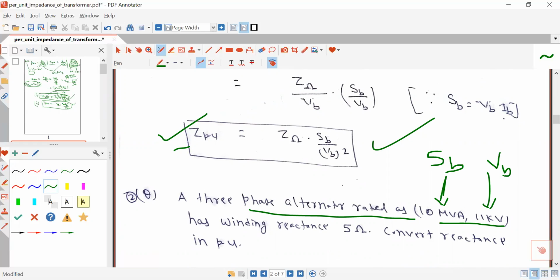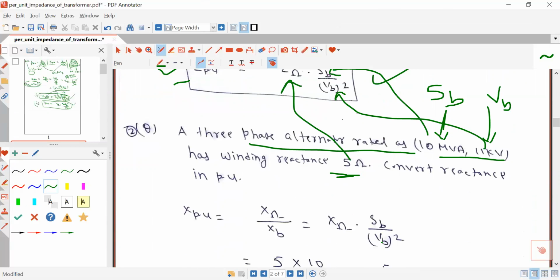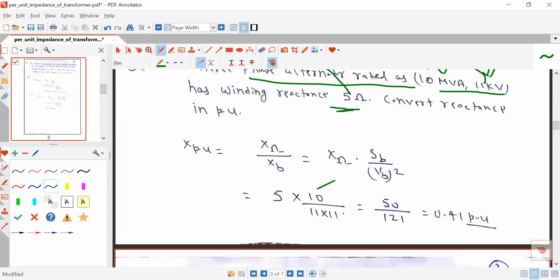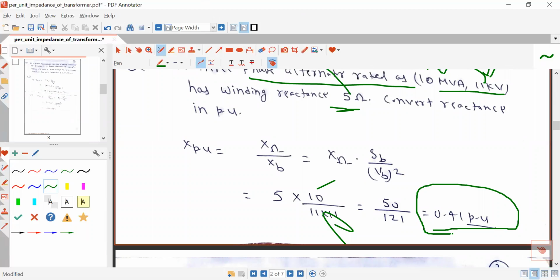Now, the winding resistance is 5 ohm, and the task is to convert this 5 ohm in per unit. How will you convert? Here, actual value is 5 ohm, SB is 10 MVA, and VB is 11 kV. So you have to substitute all these values to get the answer in per unit system.